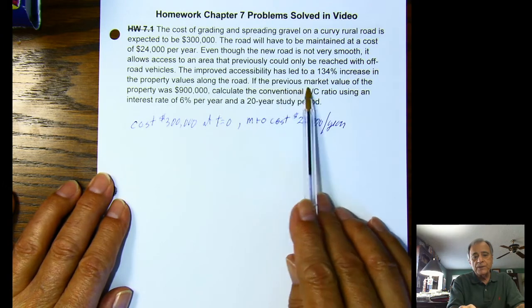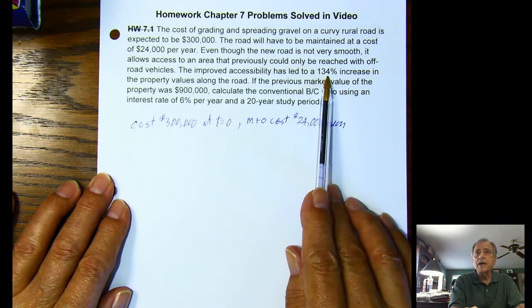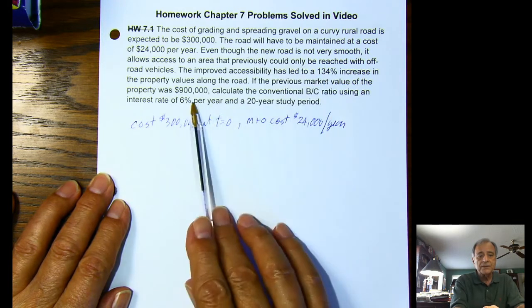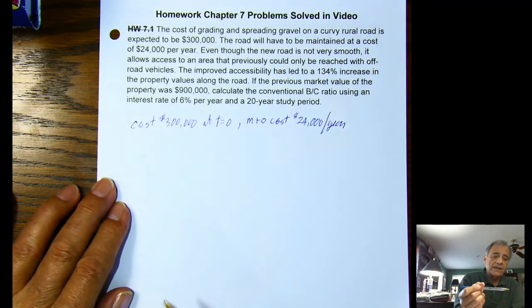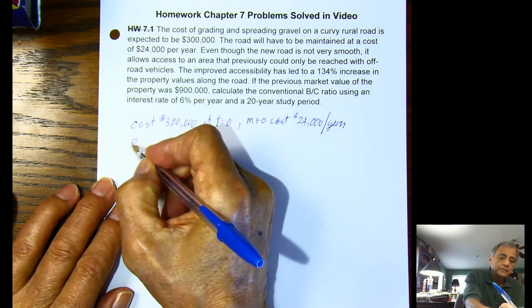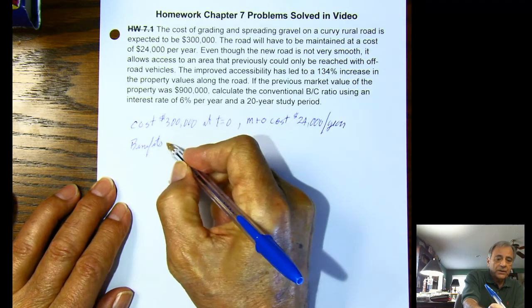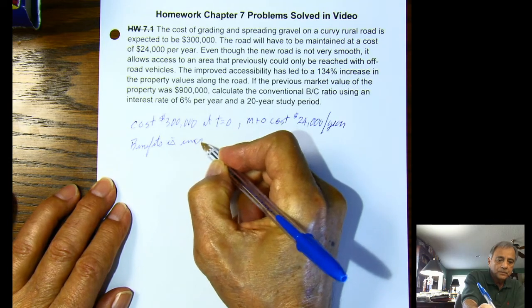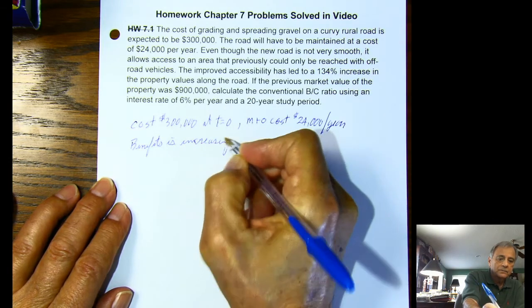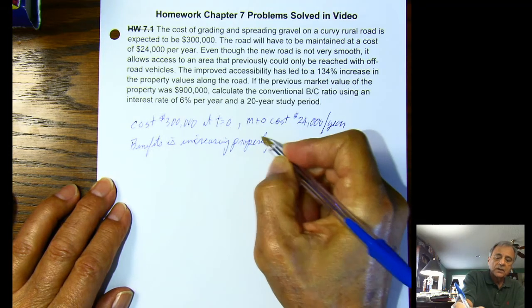If the previous market value of the property was $900,000 and it increased by 134%, so what will calculate the benefits? So the benefits is equal to the increase in property values.